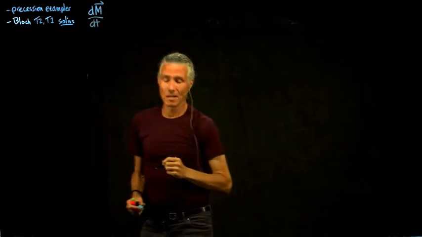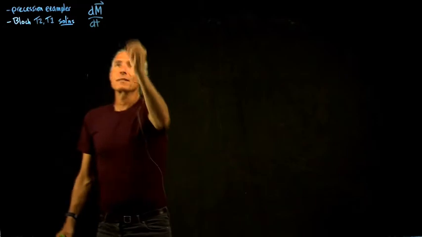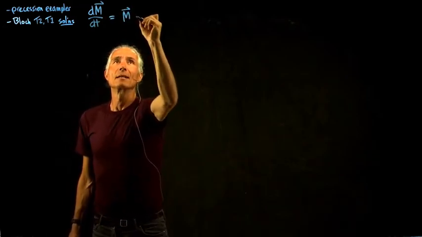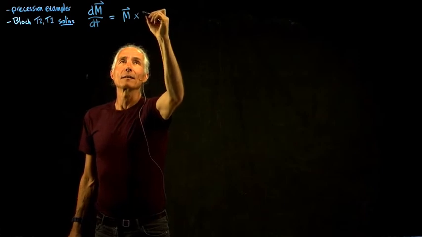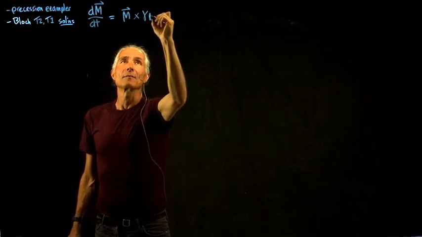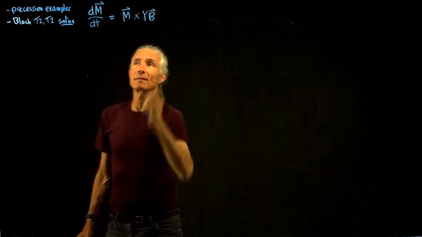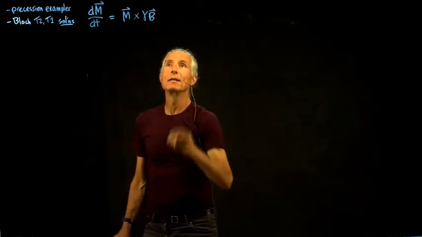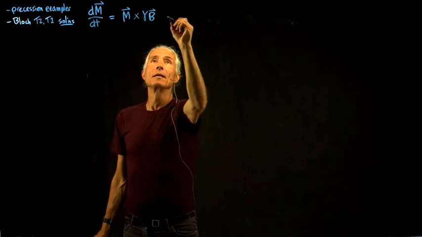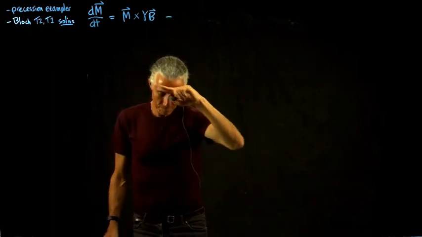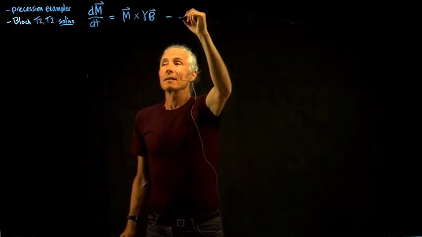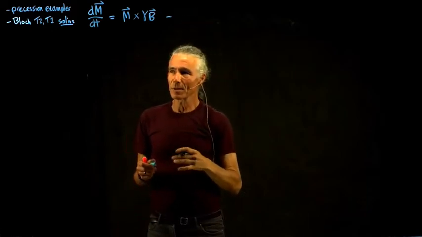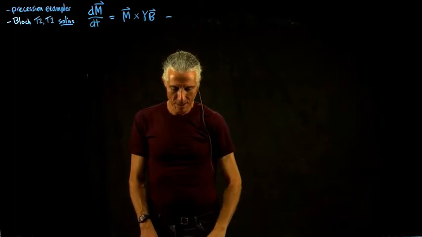The Bloch equation is equal to what we already did, the m vector cross product constant times the b vector, whatever the b vector is. That was the first term. And the second term I'm going to write out relatively simply. There are many different ways of writing it out. If you look in different textbooks, you'll see different notation.